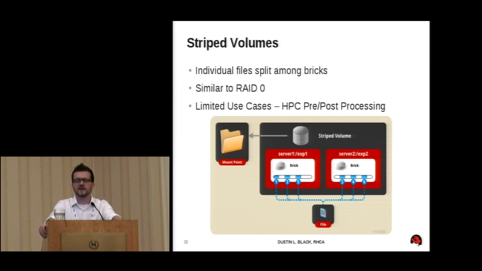What you end up seeing on the file system level is it appears on each server. If you were to look at the local file system, the local brick, you would see what appears to be the whole file, but if you analyze the actual contents of those files, you would see that a file on one brick contains part of the data, and a file on the next brick contains another part of the data, of course, depending on how many stripes you have.